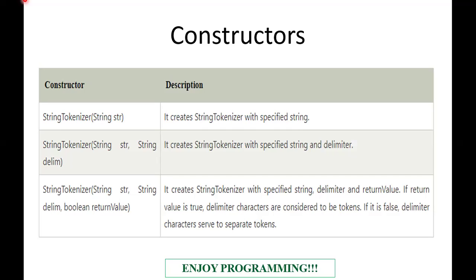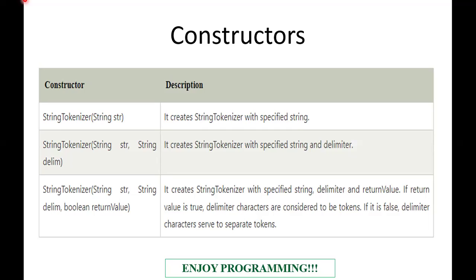White space is considered the default delimiter. When the programmer doesn't specify the delimiter, the default delimiter will be taken into account. So when you initialize the string tokenizer object using the first constructor, the default delimiter is white space.